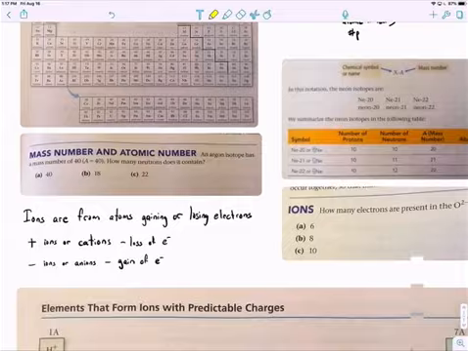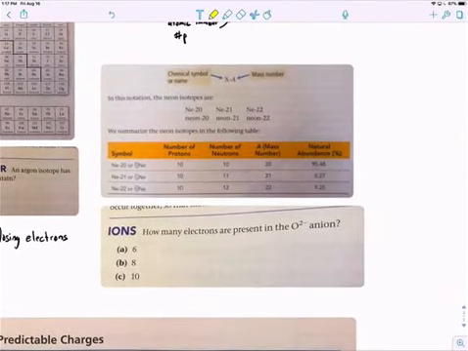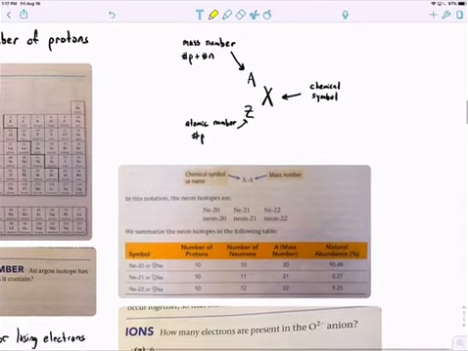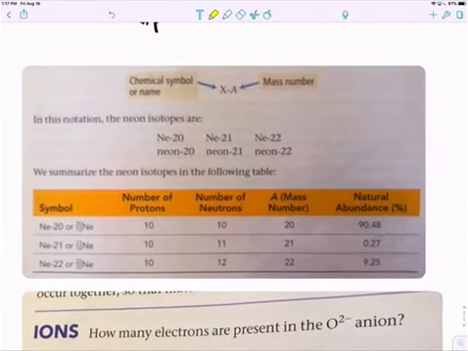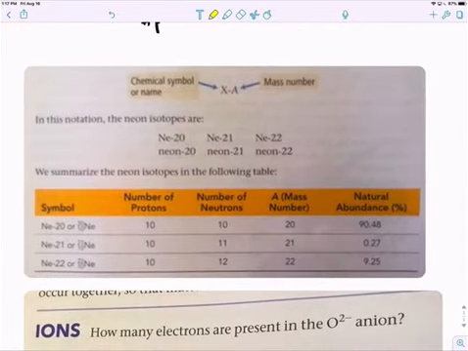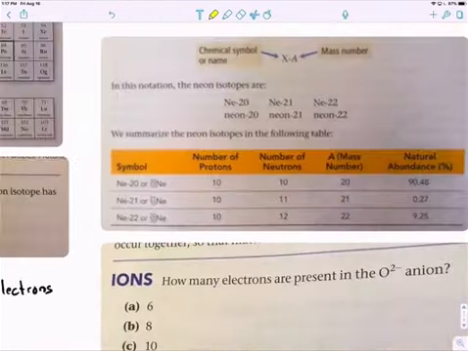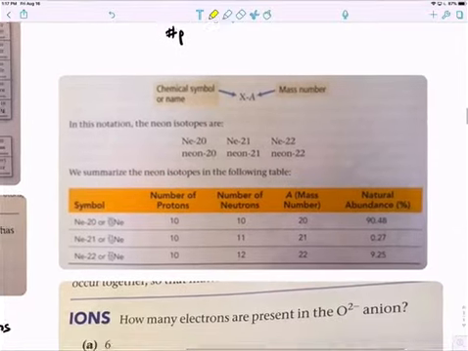Well, let's talk about isotopes. I guess let's talk about isotopes first. So we have this way of doing it, what I've written in my electronic ink. Sometimes you see things like neon 20. That means 20 neutrons. So if you see here neon 20, and this symbol here, where it's 20 and 10, that's supposed to denote what's up here.